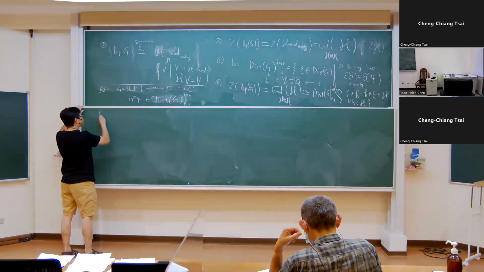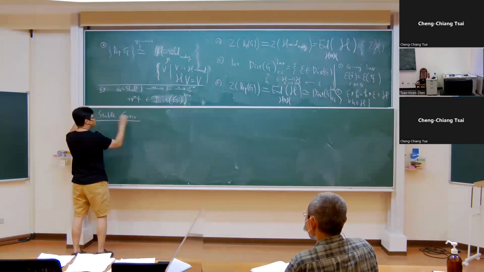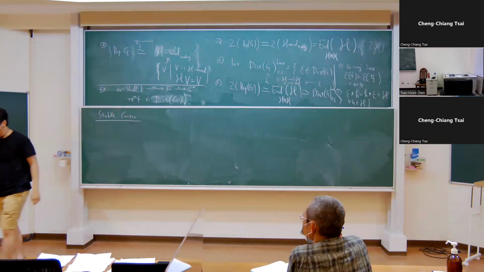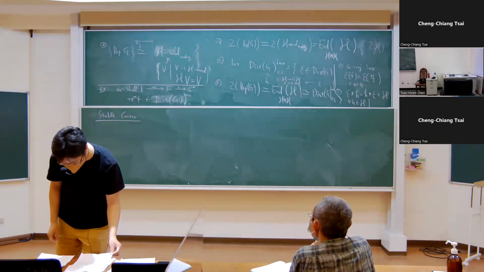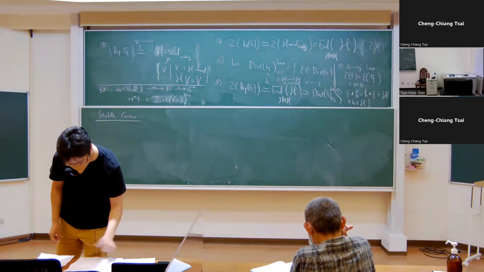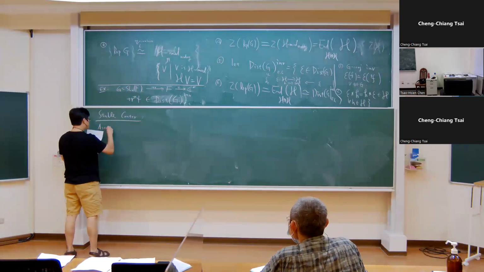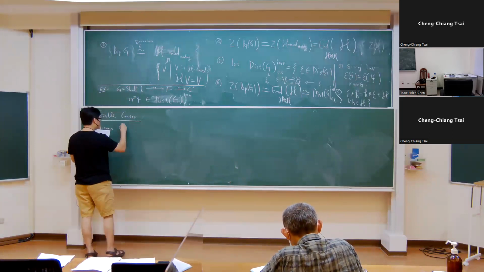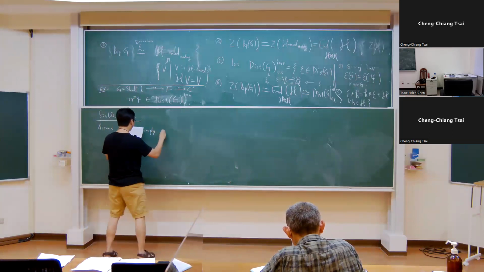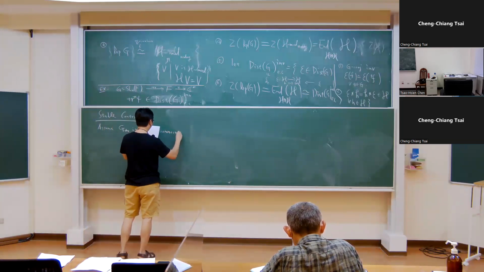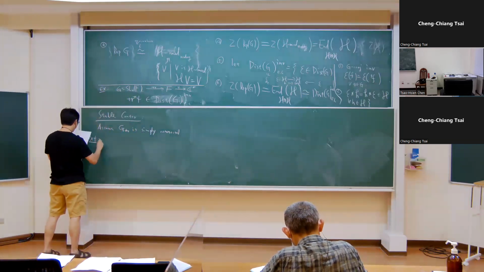Okay, so now stable center. For this, I have to introduce what a stable distribution is. Cheng-Chiang already talked about this, so I'll be brief, and then I can state the conjecture. Assume the derived group of G is simply connected, because otherwise the definition has to be modified.